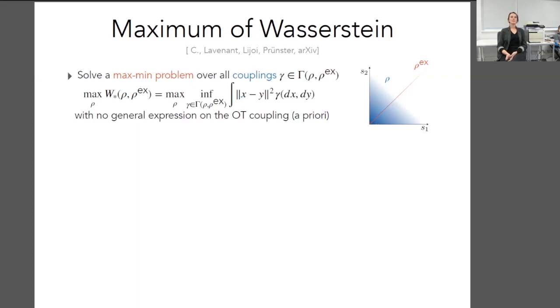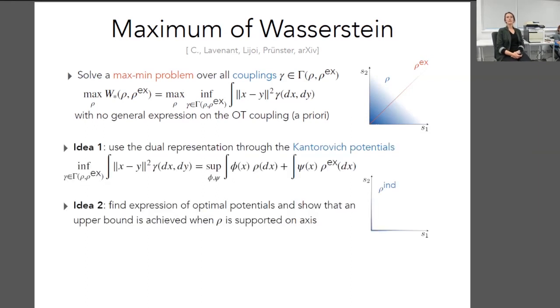And well, in order to solve this problem, our main ideas have been two. First of all, since we want to find the maximum possible value, instead of looking at the expression of the Wasserstein distance as an infimum over all possible couplings, we thought of considering the dual formulation of the extended Wasserstein distance, where you basically have the supremum over all pairs of Kantorovich potentials.